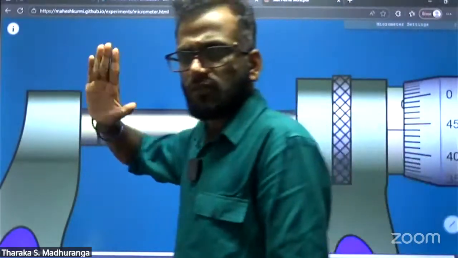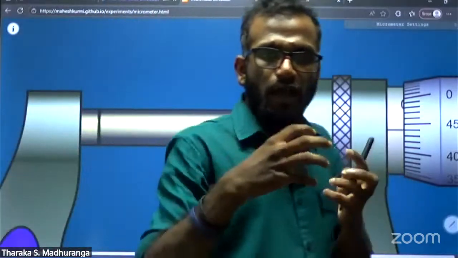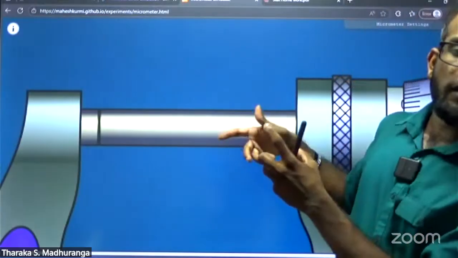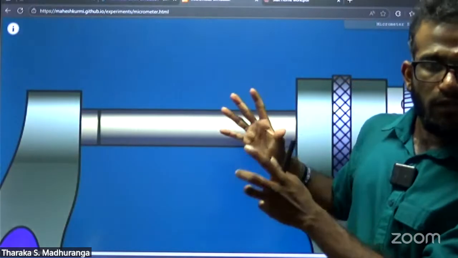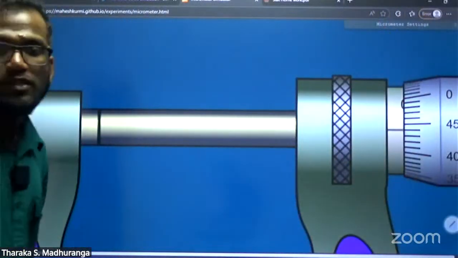That's why the smooth layers between this anvil and spindle iron rod are removed. Then that's why it additionally rotates. Really think about this concept, it additionally rotates. That's why the negative zero error comes.